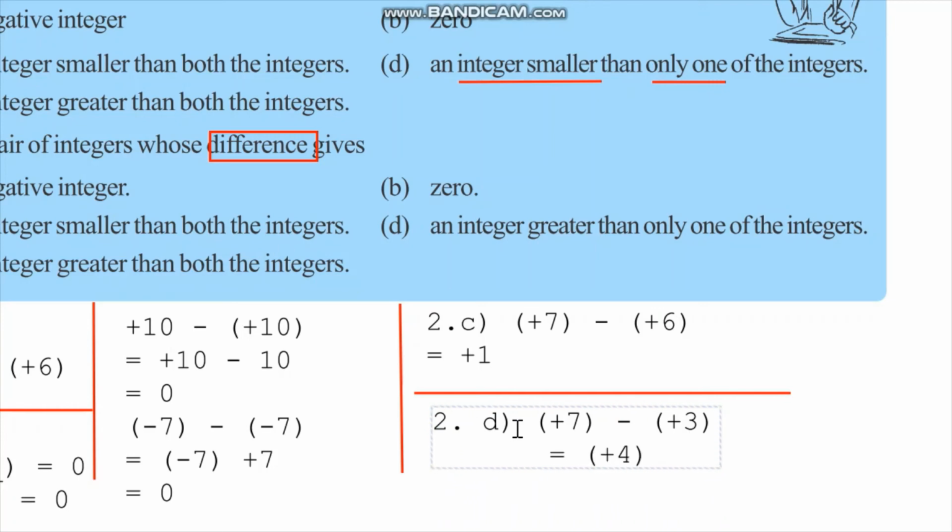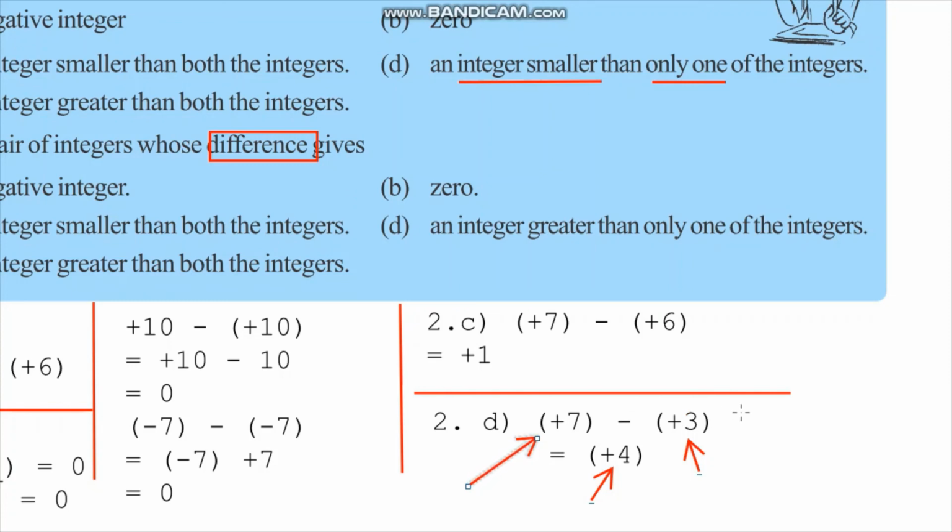So let us see if this satisfies the condition that we have been given. So 4 is greater than 3, but it is not greater than 7. Okay, so it does satisfy the condition where the difference is greater than only one of the integers.